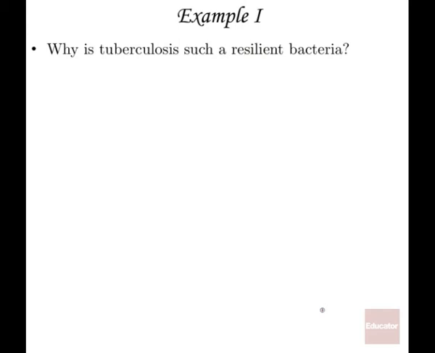So the first question that we're going to raise in today's lecture is, why is tuberculosis such a resilient bacteria? Number one is the cell wall. That cell wall does a great job of protecting tuberculosis, not only from the digestive enzymes of the macrophages and phagocytes in the immune system, it can also live in these alveoli for a very long period of time.